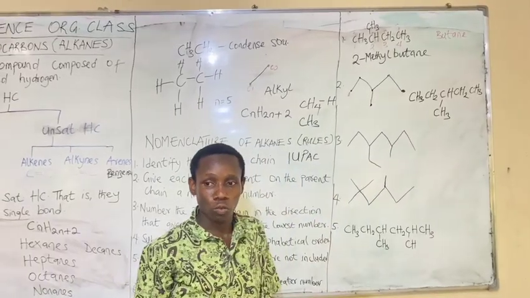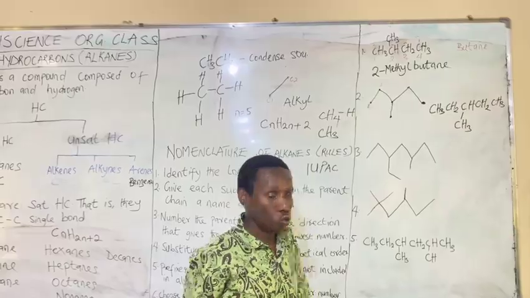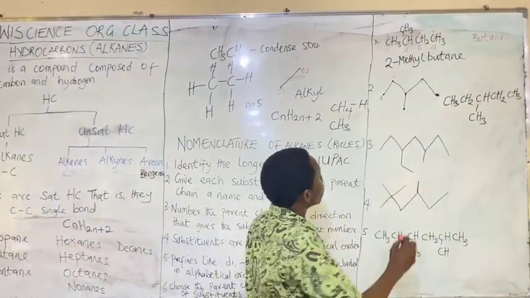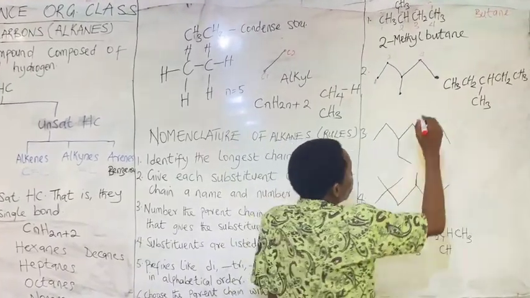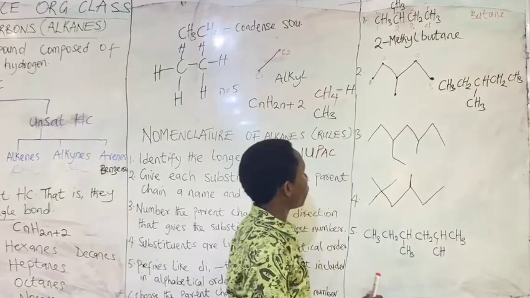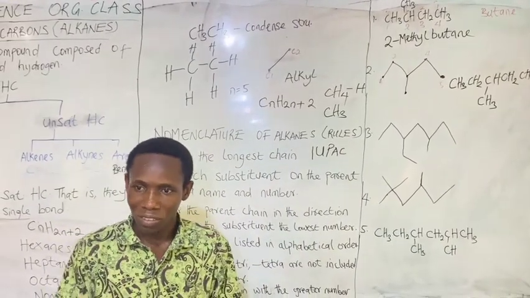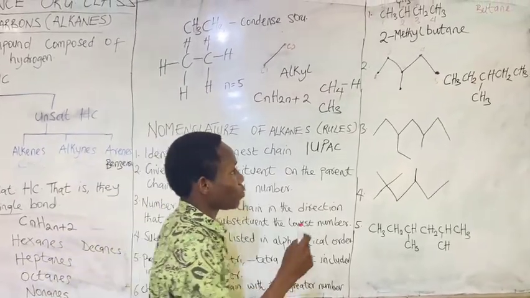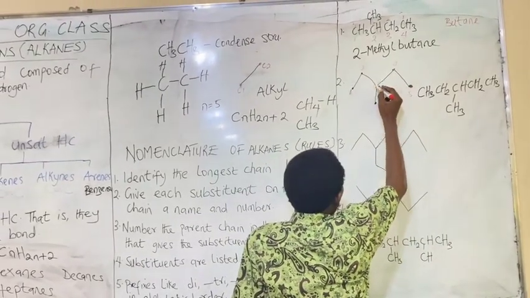Carbon number 1, carbon number 2, carbon number 3, carbon number 4, and carbon number 5. 5 carbons. What should come into your mind? Correct, pentane. If you number it this way, 1, 2, 3, 4, 5, it is pentane.